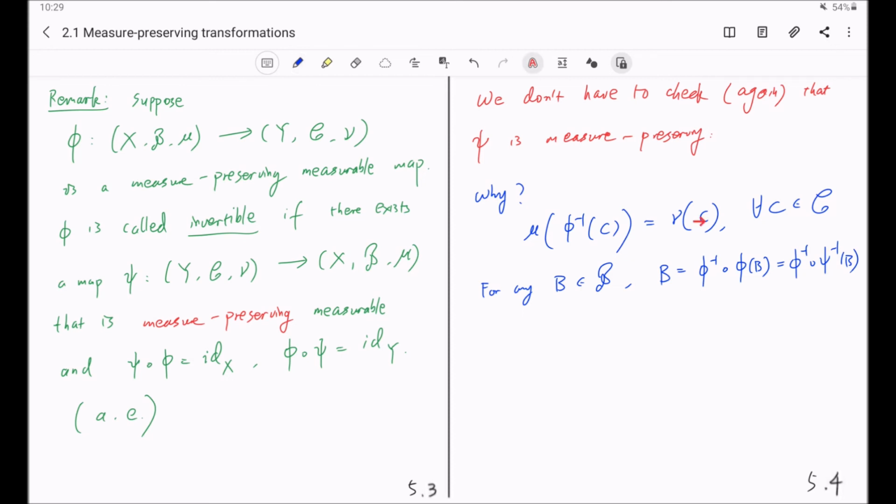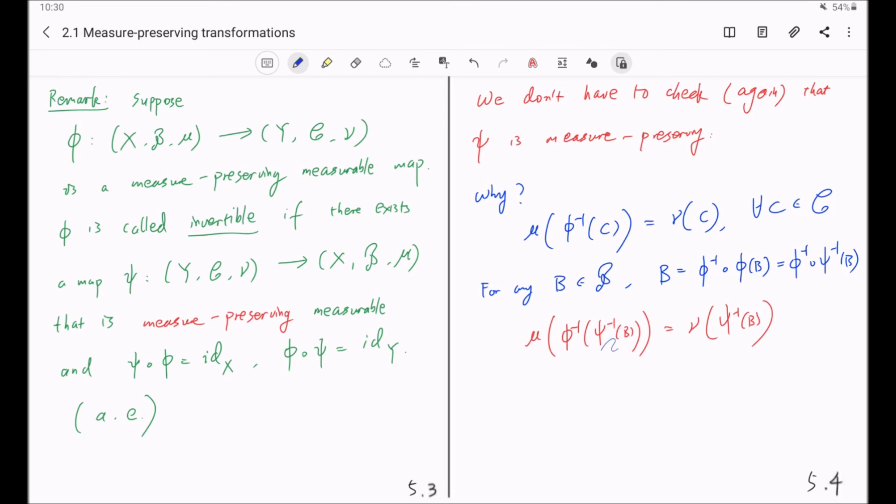So now you can replace C in this first equation by psi inverse of B. And what you get is that mu applied to phi inverse applied to psi inverse of B is equal to mu of psi inverse of B.